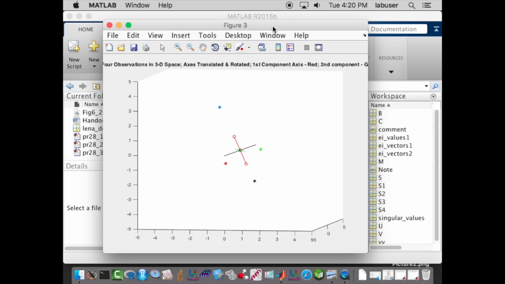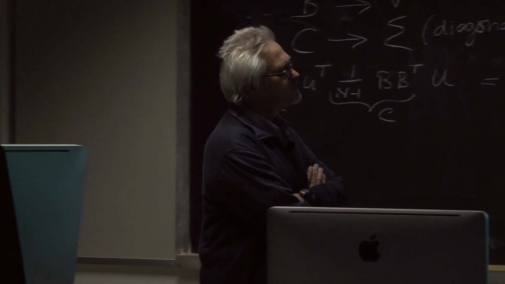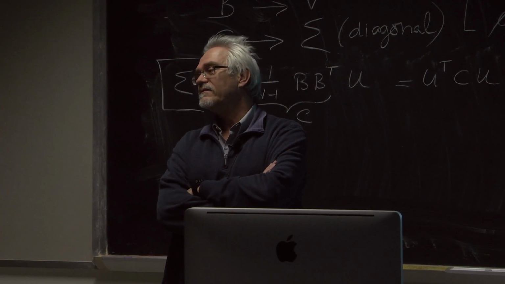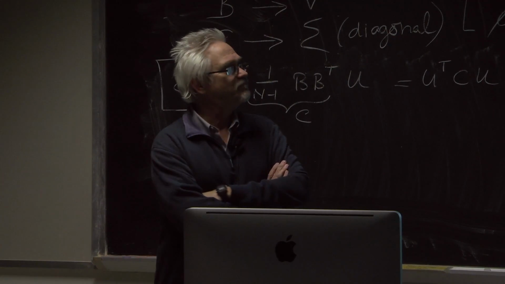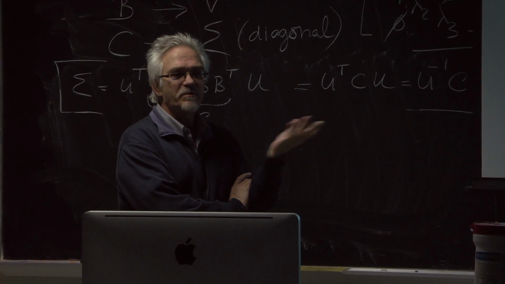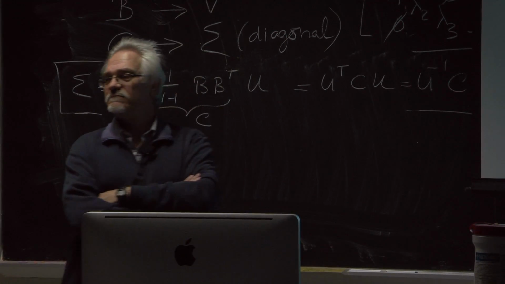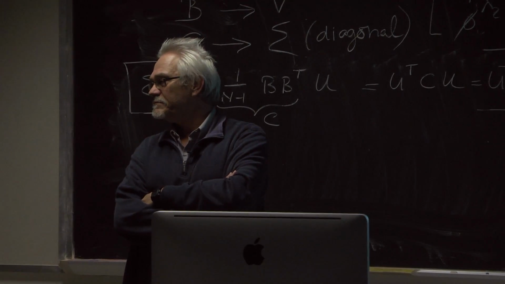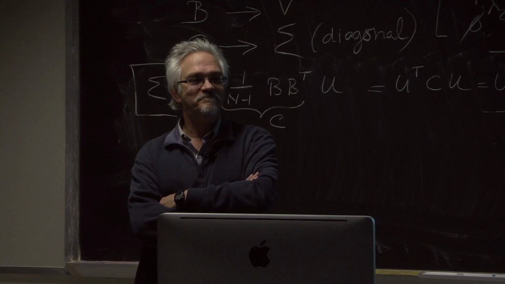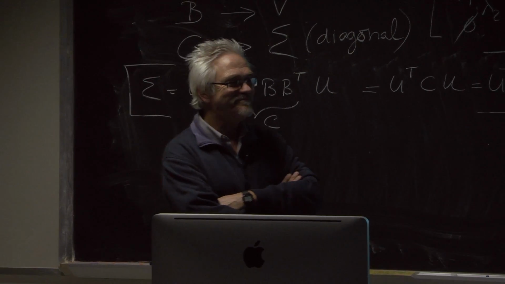So then the next thing comes, of course. Okay, we have done this, and this is neat, isn't it? We now decorrelated our data, but the question becomes, what do these axes represent? Any suggestions?